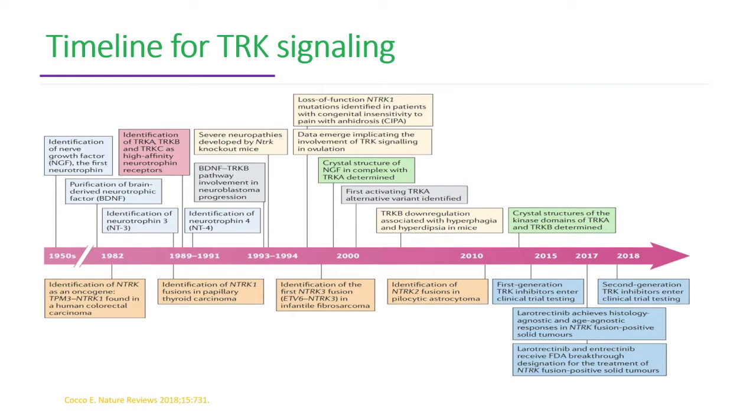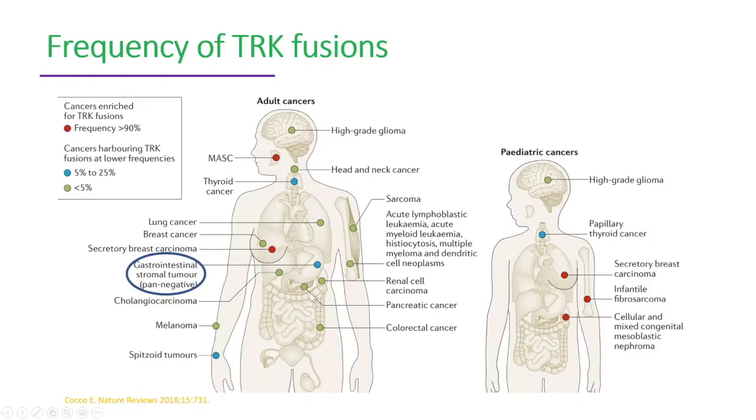Now, the frequency of TRK fusion within the body is very rare. And at first they discovered it in a very rare tumor. If you look at the left part, in the cancers enriched with the TRK fusion, more than 90% are rare tumors, like MASC, which is the salivary gland tumor, and secretory breast cancer in adults, and pediatric secretory breast carcinoma, infantile fibrosarcoma, and cellular mixed congenital mesoblastic nephroma.